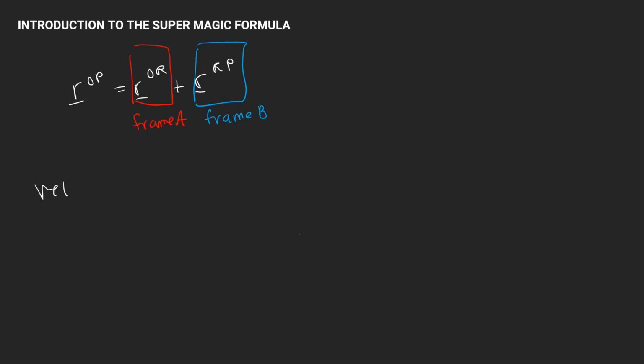The super magic formula is for any position vector written in the form ROP equal to ROR plus RP, where ROR is written in frame A and RP is written in frame B, in which the velocity, as we literally just said, is VAP equal to V of R in frame A plus the velocity of point P in frame B plus the cross product of the angular velocity of frame B in frame A and our position vector RP.